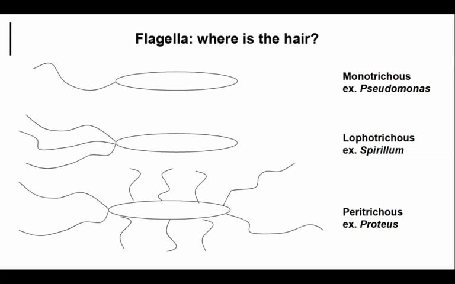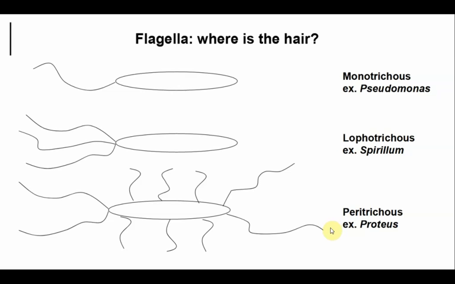Flagella can be present in one per cell or several. So if you've got one flagellum at one extremity of the bacillus, then these cells are called monotricious. They have one hair. If you have several at the same extremity, this is called lophotricious. And if you've got flagella all around the bacterium, then this is called peritricious.